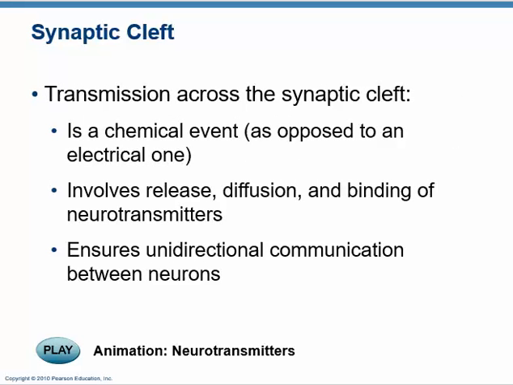So there's a chemical event that happens across the cleft. The neurotransmitter is released by the one, and there are receptors on the other cell membrane. And this means that it's a unidirectional communication. It only goes from the presynaptic to the postsynaptic, this way.